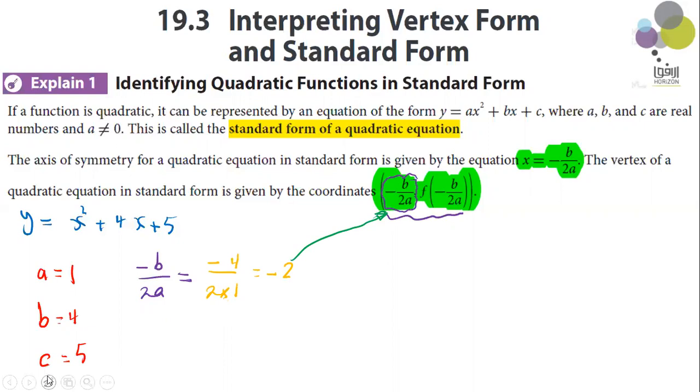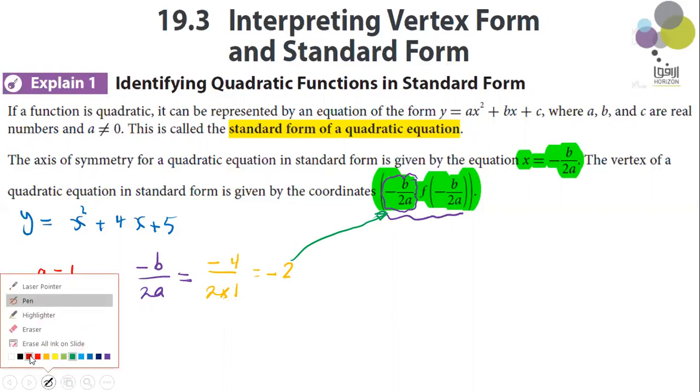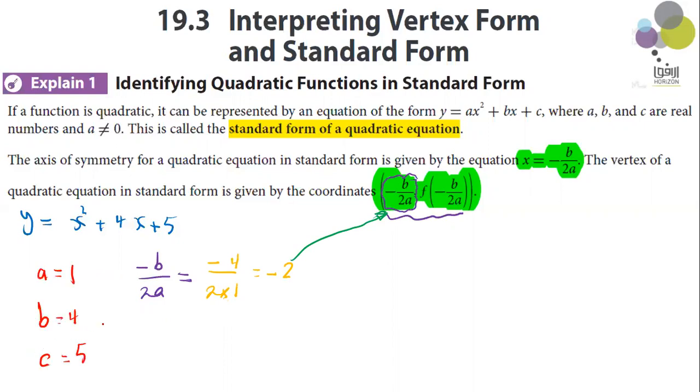Now we will get the second coordinate of the vertex, and pay attention. After getting the first coordinate of the vertex, this is x, so x equals -2.